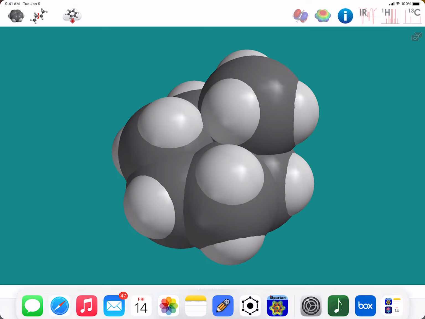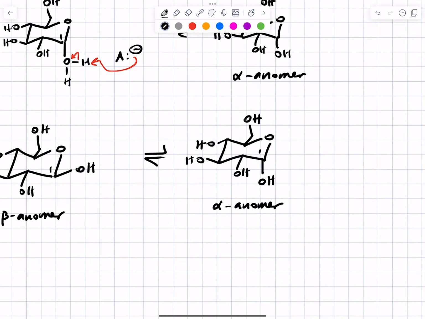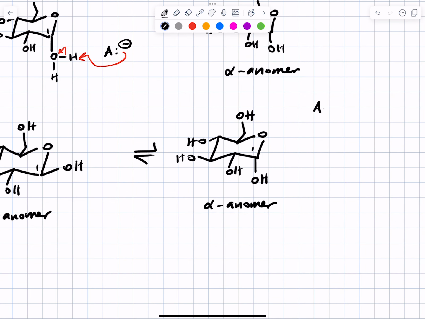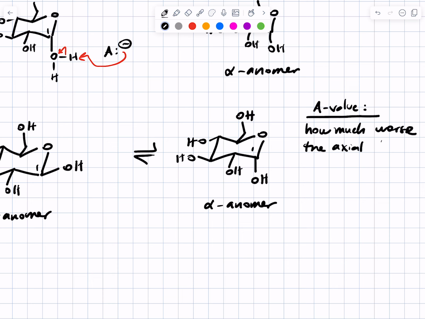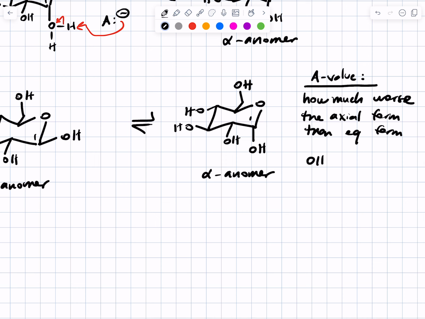And you learned in 351 perhaps of things called A values, which tell you how much worse, in kilocalories per mole or in free energy, having a group axial is than having a group equatorial. Okay, so for an OH group, the A value is about 1 kcal per mole.